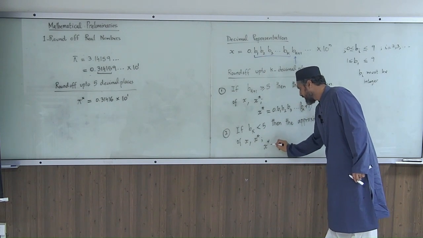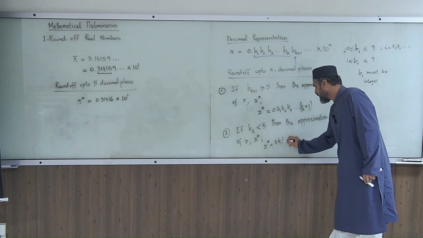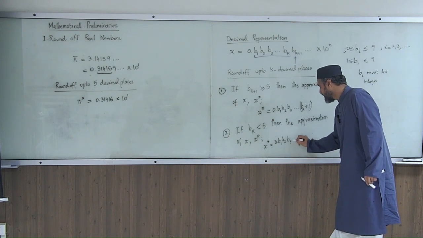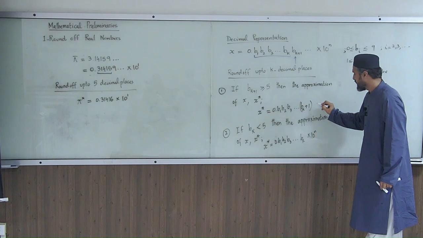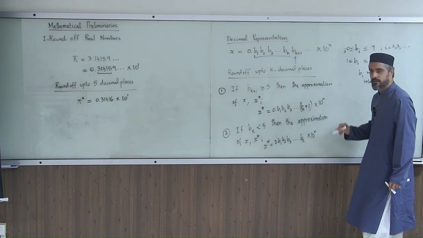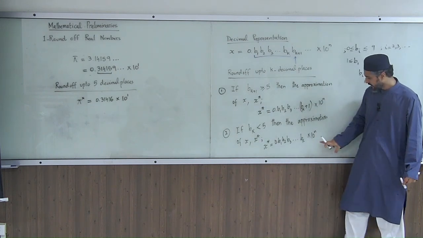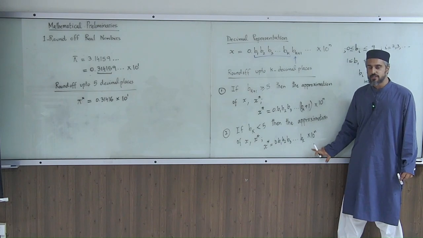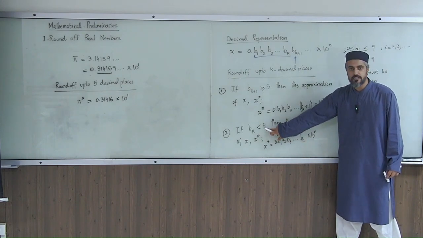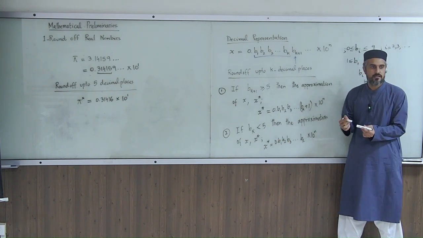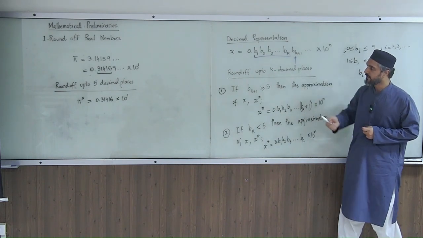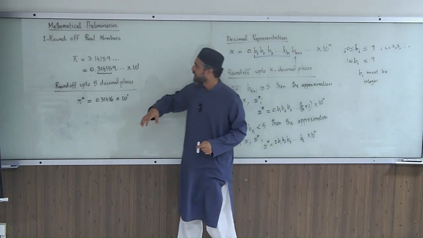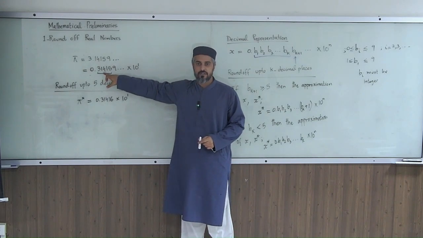So x star will be 0.b1, b2, b3, on to bk times 10 raised to the power n. I forgot to write the 10 raised to the power over here. So this will be the representation if the number at the k plus 1 position is less than 5. In this particular example, if we approximate up to 3 decimal places, then that number will be 0.314.